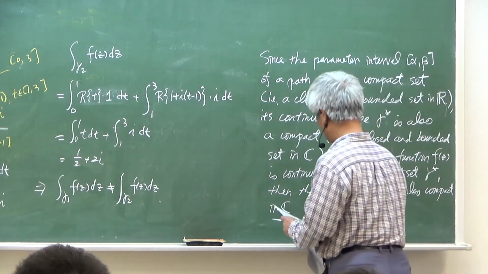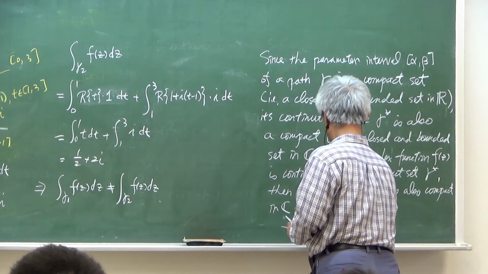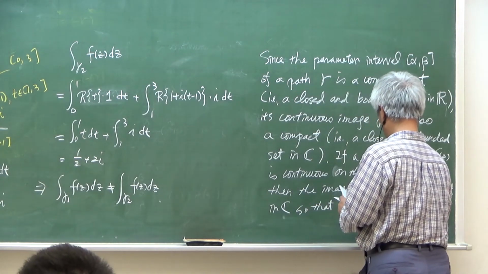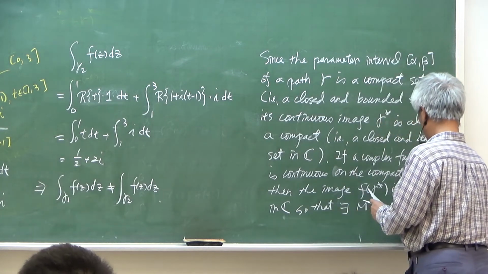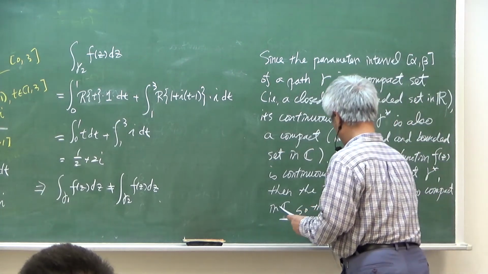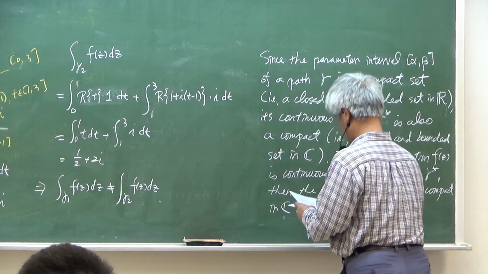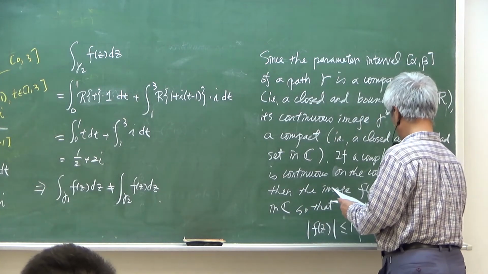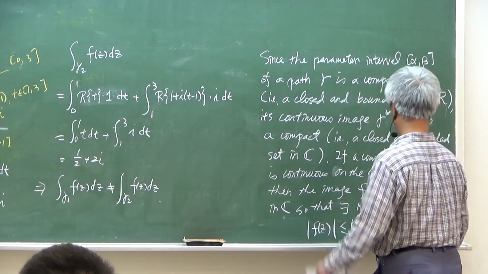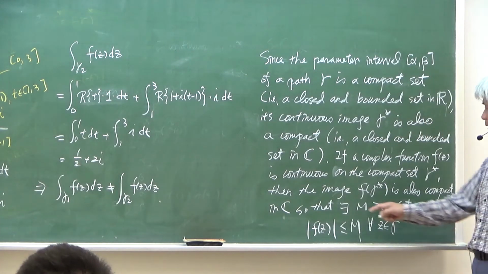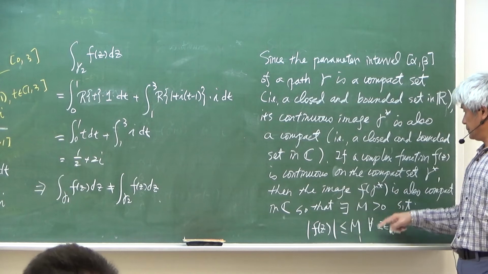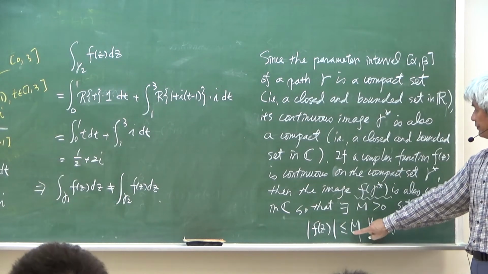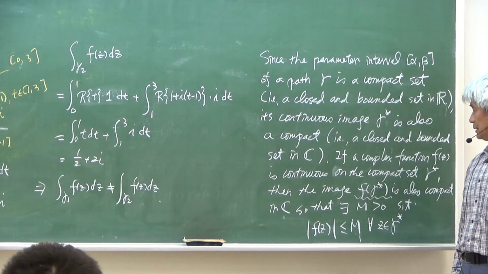Because it is bounded, there exists M greater than 0 such that the magnitude of f(z) is less than or equal to M for all z in the image of K. Because this is a compact set, we can always find an M here.